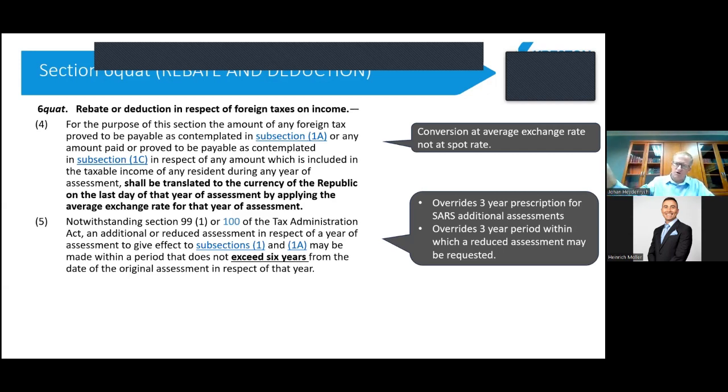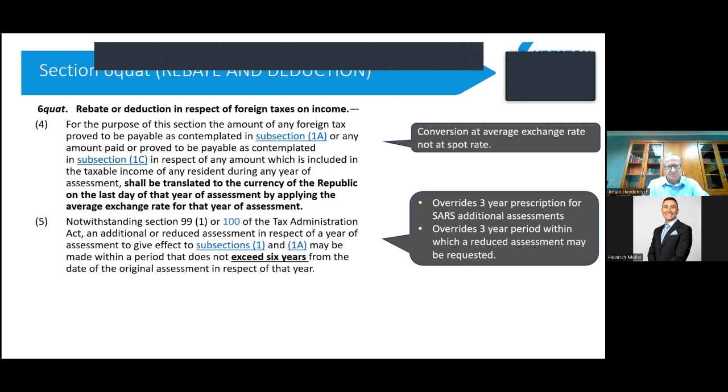You have to have it in the foreign currency, and then you convert it at the average exchange rate, which is published by SARS. So you go into the SARS website, you put in the search function average exchange rate. It takes you to table 1, and you say, what's my average exchange rate? If it's not published there, then they give you guidance on how to actually calculate it.